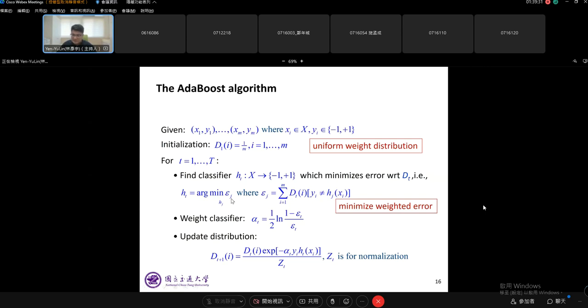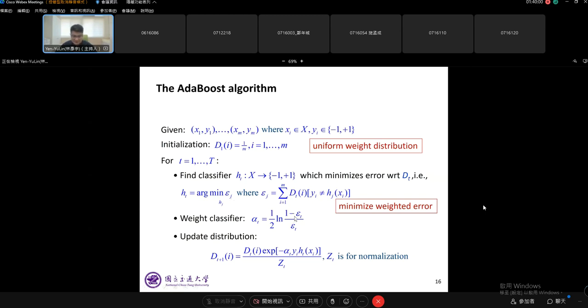For a binary classification problem, if a weak learner has a weighted error higher than 0.5, we just switch its output. We can reduce its weighted error. So it is impossible to select a weak learner with a weighted error larger than 0.5.